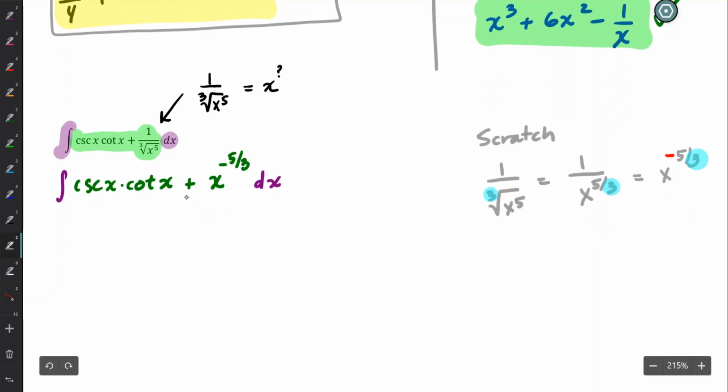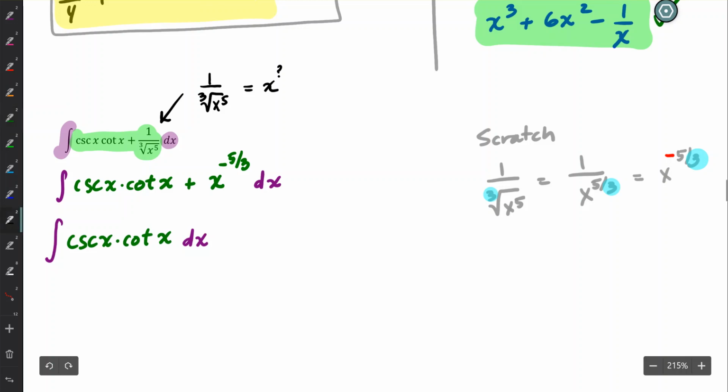Now, because I see addition right here, I've got 2 terms, I can compartmentalize my thinking. Just like I can differentiate term by term, I can undifferentiate, I can integrate term by term. So I'm going to first just think about the derivative of what function is cosecant x times cotangent x.